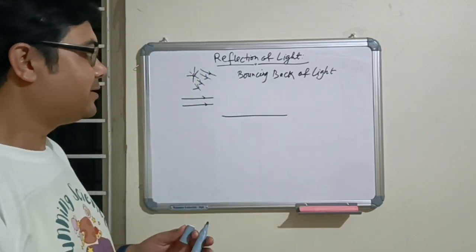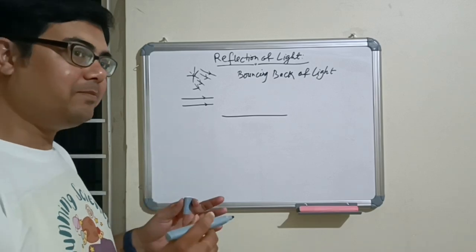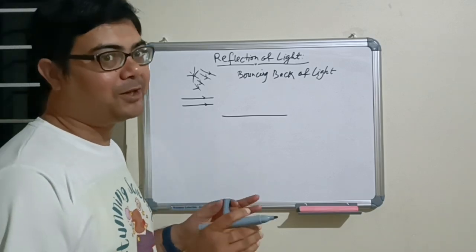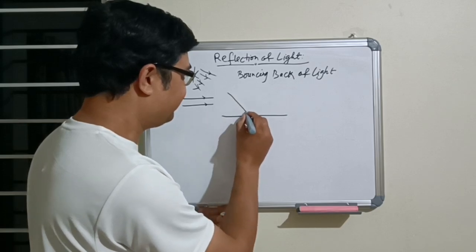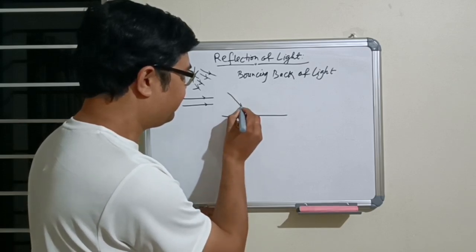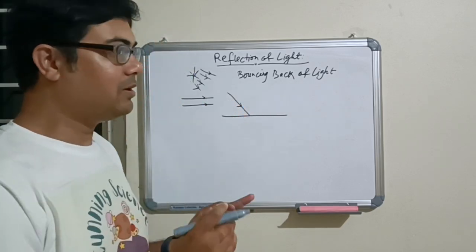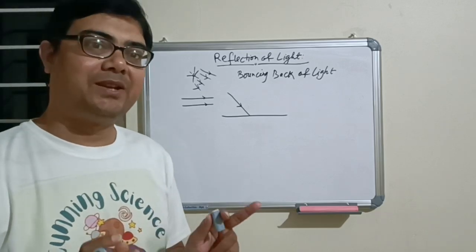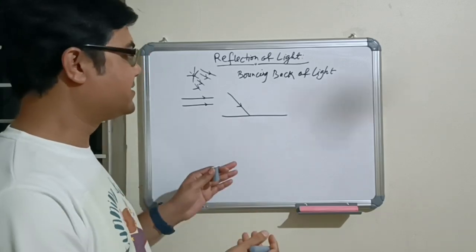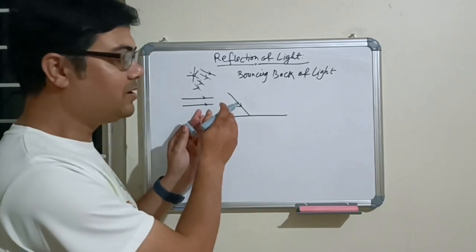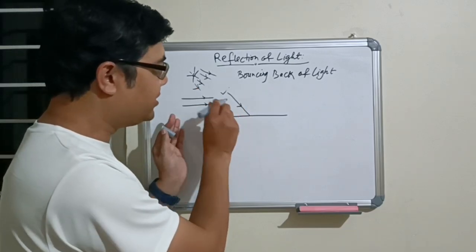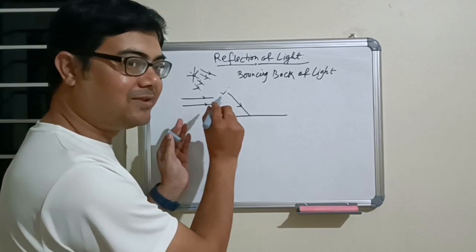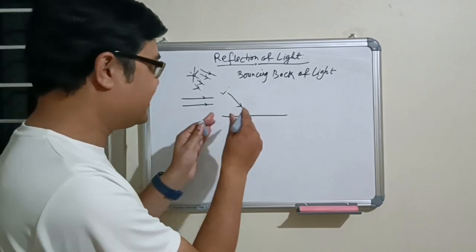This is our plane mirror, and a ray of light falls on it. Remember, you always have to give the direction of light, because it indicates that the light ray is coming from this direction and going towards the surface.